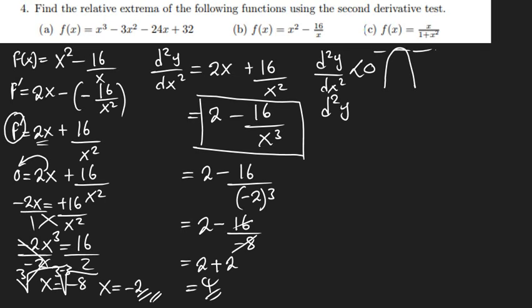But if you have d2y over dx to the 2 greater than 0, you have a minimum point at this point, right? Now, because in this case, we have found a positive value, meaning d2y over dx2 is actually greater than 0. So we have a minimum point.